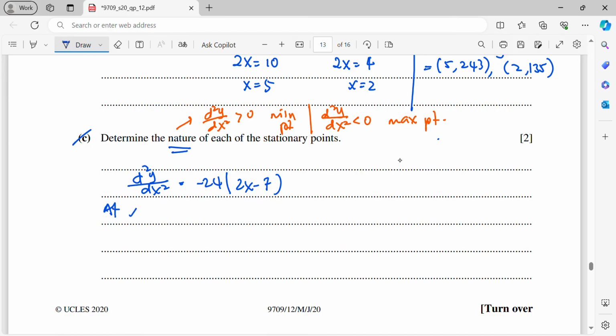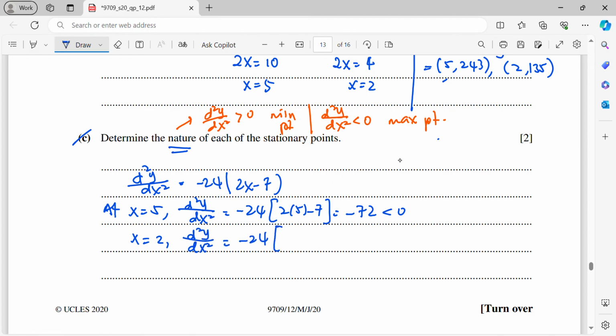So at x equals 5, your d squared y over dx squared is minus 24 multiplied by (2 times 5 minus 7). So this is negative 72, less than 0. Then at x equals 2, the other point, your second derivative is negative 24 times (2 times 2 minus 7). This is going to be 72, greater than 0.